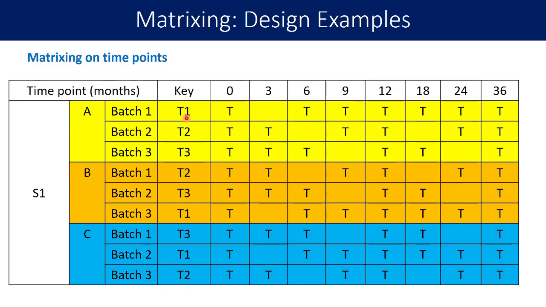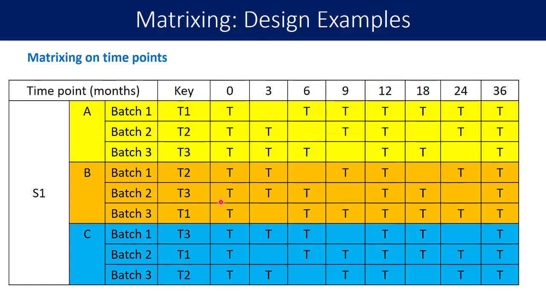The key is T1, and T1 indicates the testing points, and hence I must test batch number 1 for container size A from strength S1 at these many time points. Similarly, for batch number 2 the key is T2, and hence batch 2 will be tested for these many time points. For batch number 3 the key is T3, and hence batch 3 will be tested for these many time points. So I got the entire testing plan for container size A.